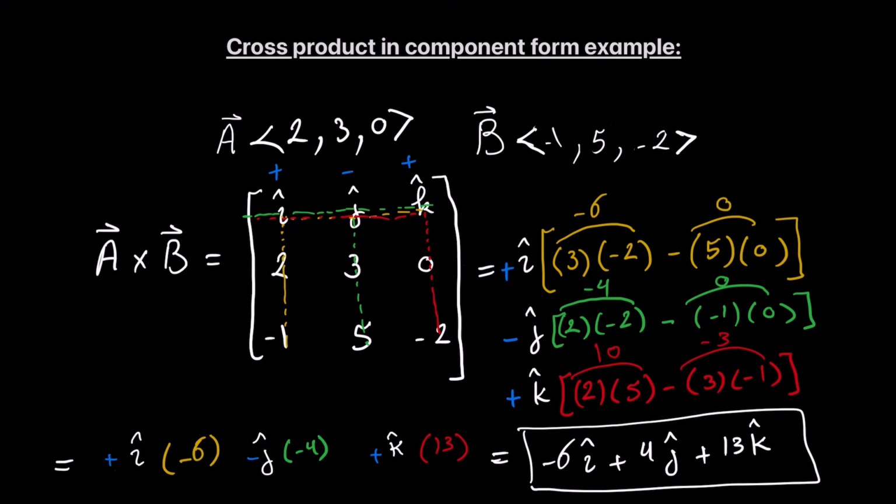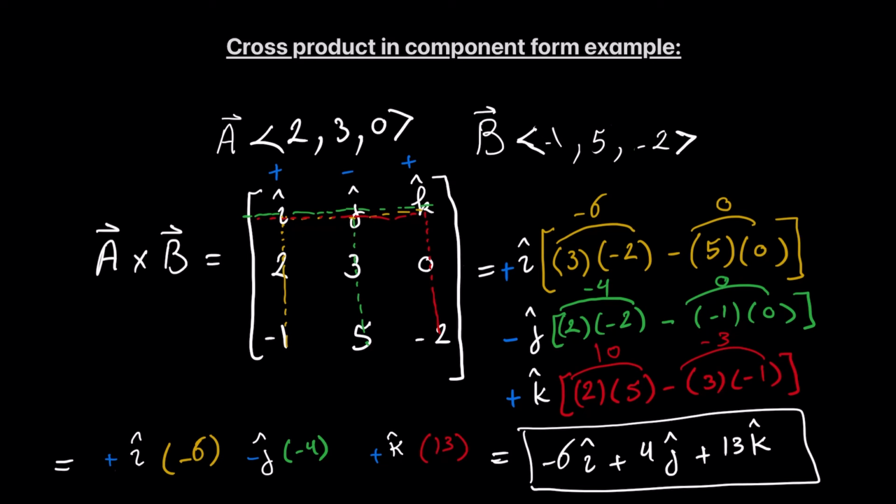So here's vector A in component form, and this time I wrote it in component form. 2 comma 3 comma 0, that means 2i hat plus 3j hat plus 0k hat, and B is going to have components of -1 comma 5 comma -2, and we just repeat the process that I showed you earlier with these numbers. So here we again placed the unit vectors in the first row, as we did earlier.